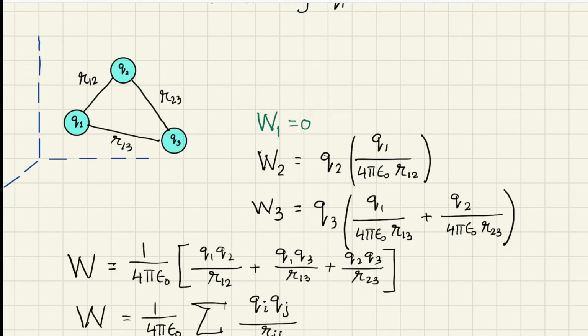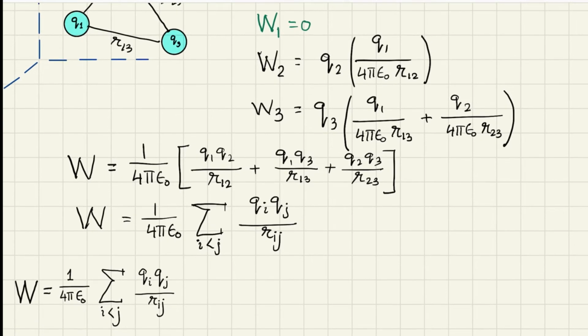Now this particular condition, I've written it down here also. All right, so what does this particular condition really mean? I just want to ensure that the sum over each pair is counted only once.